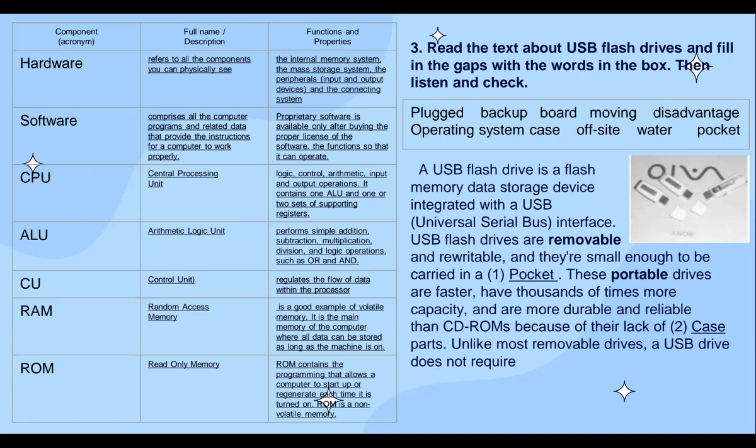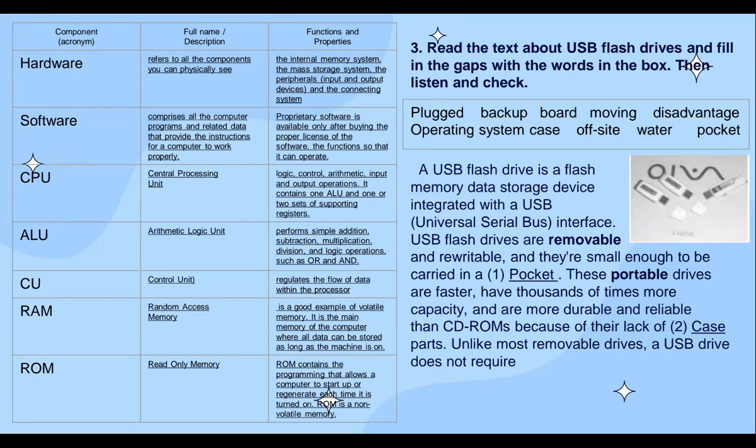And number 3 is read the text about USB flash drives and fill in the gaps with the words in the box, then listen and check. A USB flash drive is a flash memory data storage device integrated with a USB or universal serial bus interface.